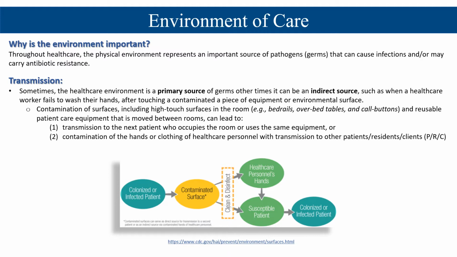So we think about contamination of high touch areas or pieces of equipment that may be used from patient to patient, resident to resident, etc. If it is not cleaned and disinfected appropriately, it could harbor germs that we don't want to spread to another patient, resident, or client.